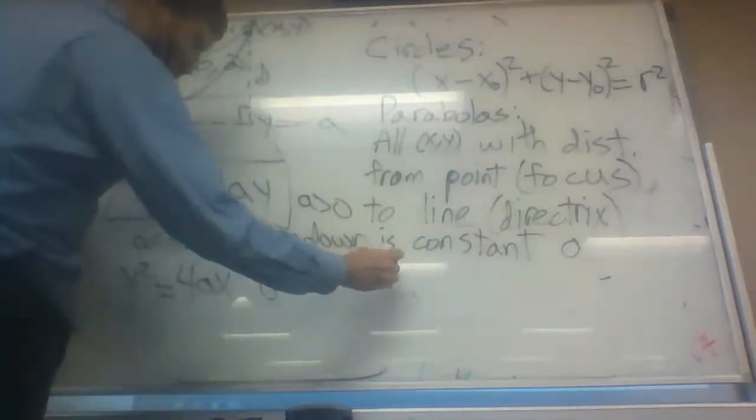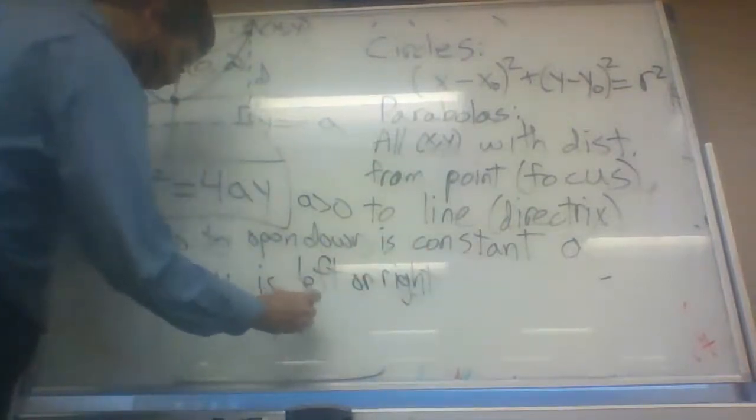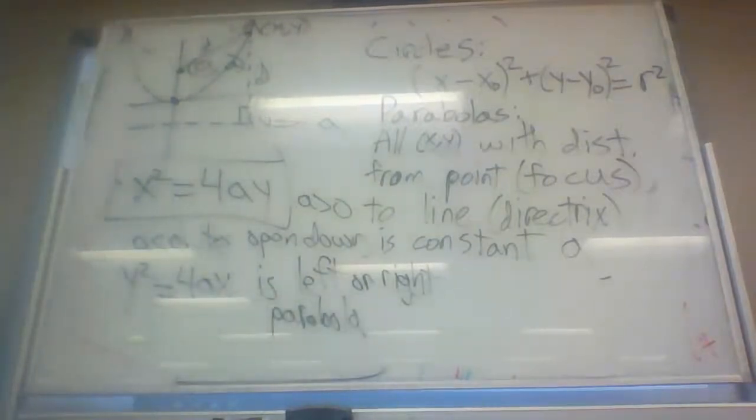And if you interchange the variables, y squared equals 4ax, this is a parabola opening right if a is positive, left if a is negative.